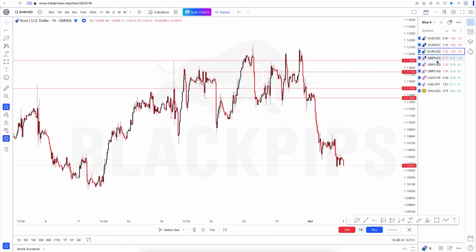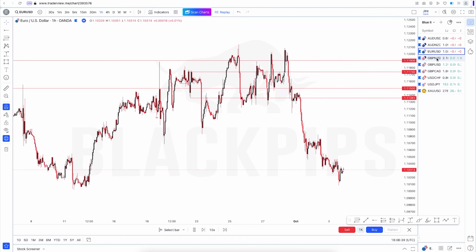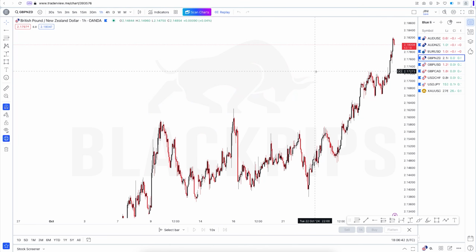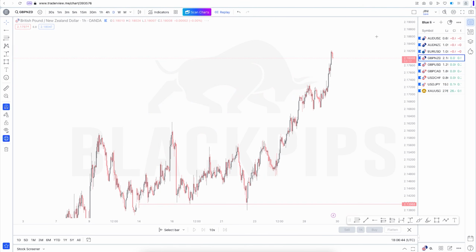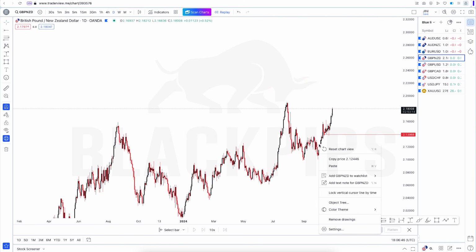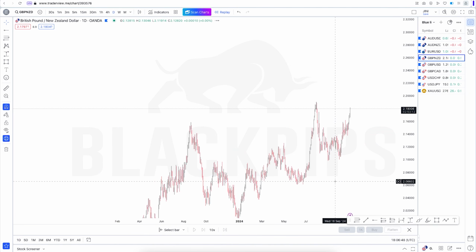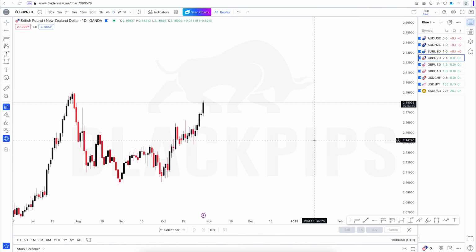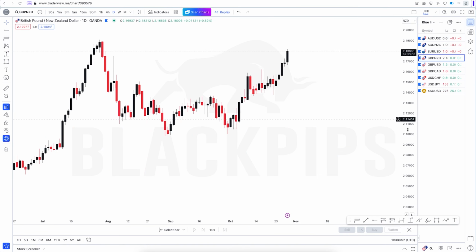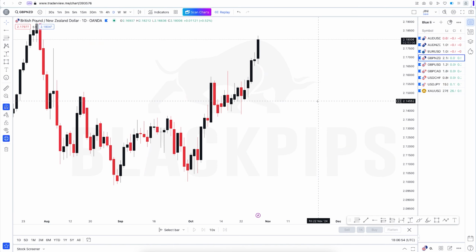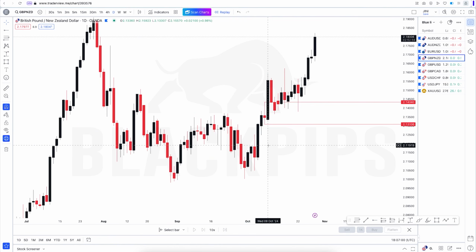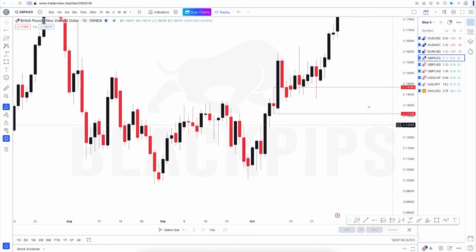But another trade, from the GBP NZD, was the buying trade, and this trade was from this level here. As we see here, we had this as our break of market structure, but also this was my very powerful setup.